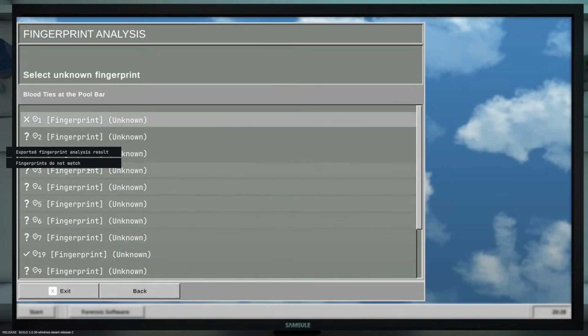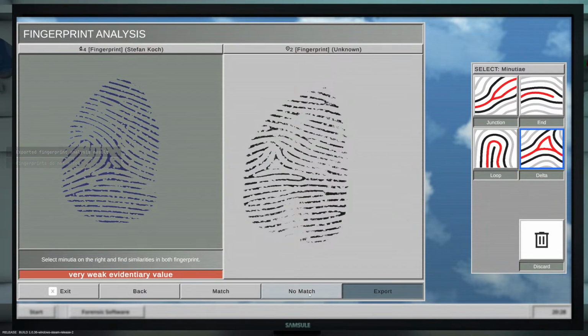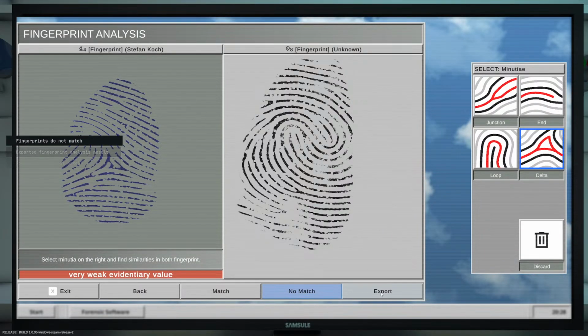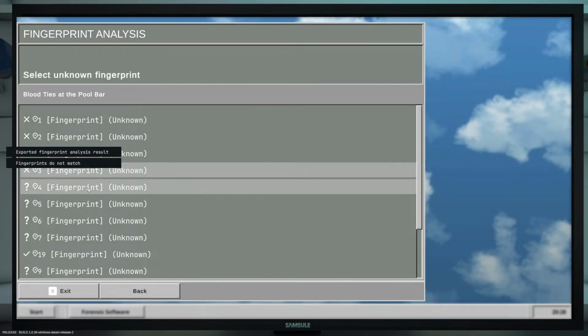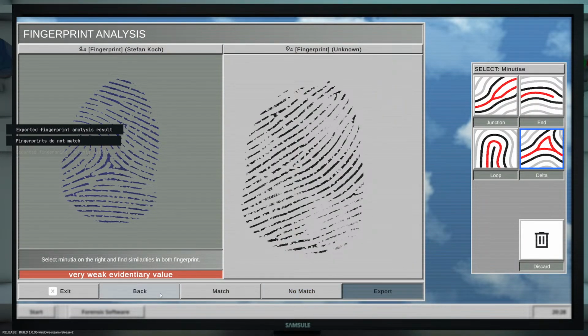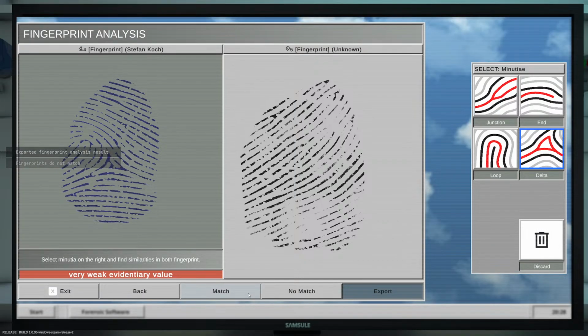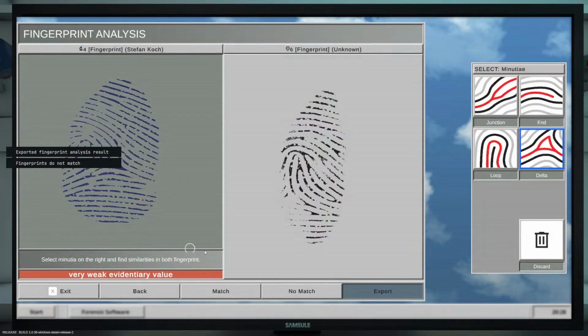No match. No match. No match. Is that a match? No. We just gotta make sure we go through all of these. That way we get a higher score. Is that a match?